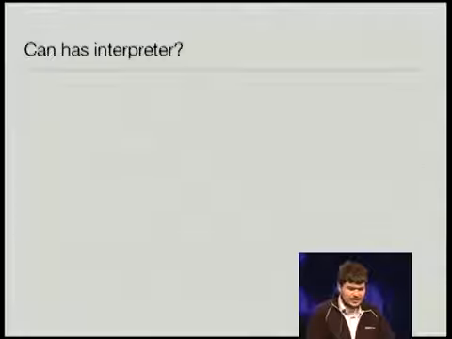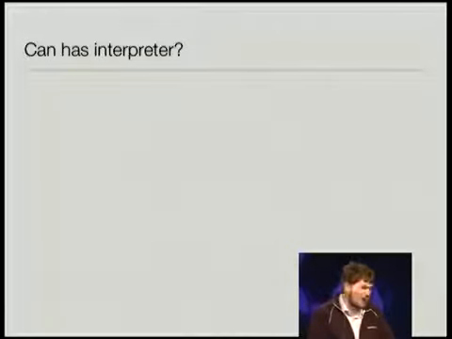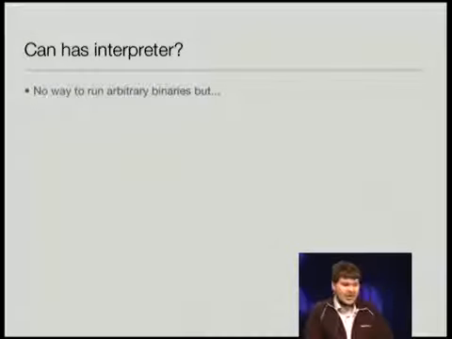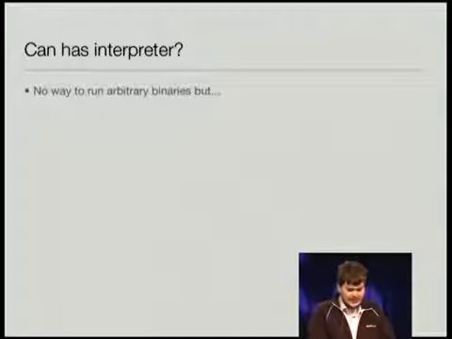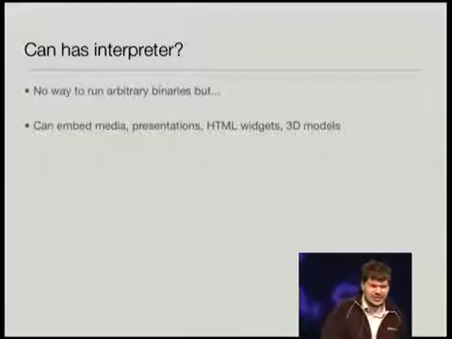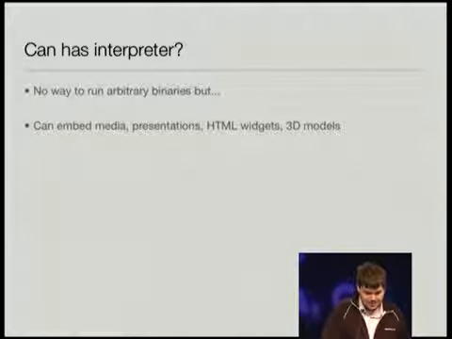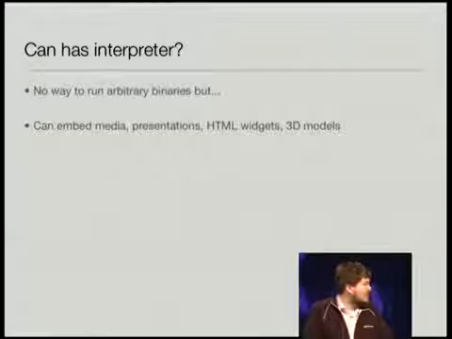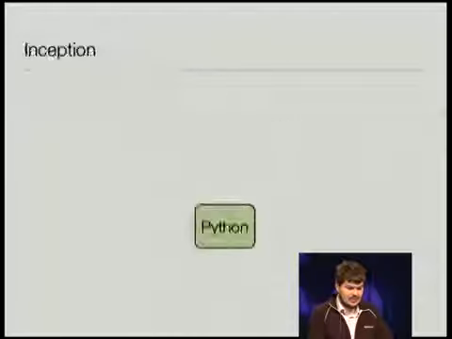Of course, this is a little bit difficult. The iBook store has no way to run arbitrary binaries, so it's kind of hard to run the interpreter on it. But you can embed media, presentations, HTML widgets, and 3D models. So the HTML widget method is actually a way that you're able to run the Python interpreter inside of an ebook.